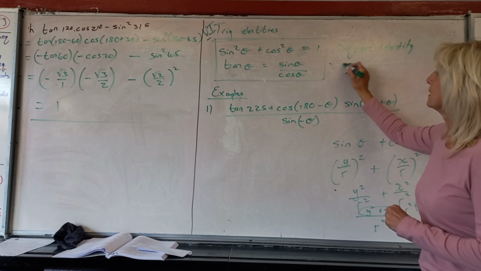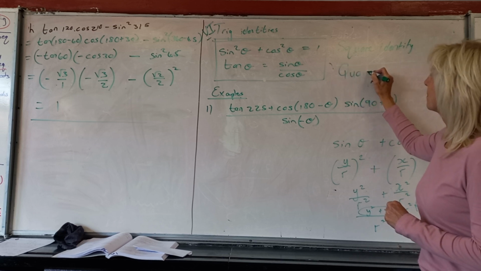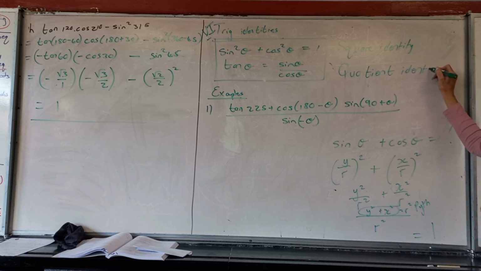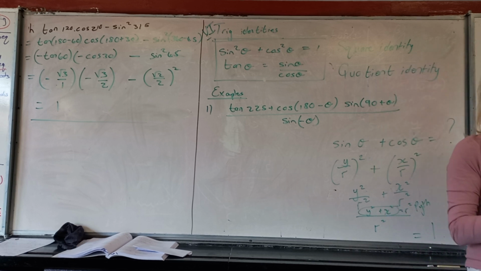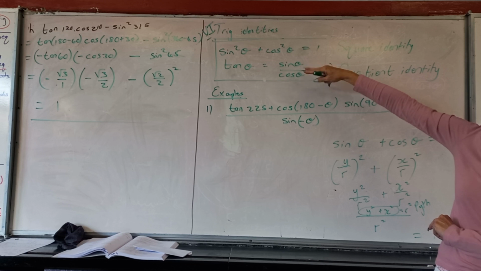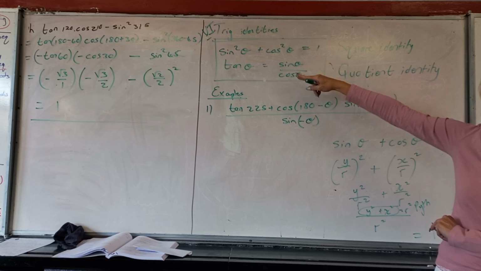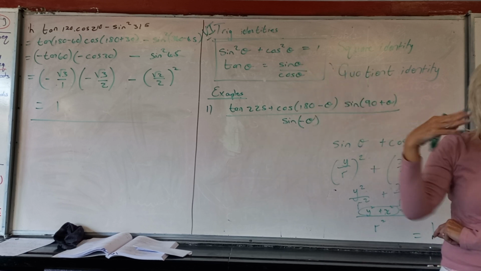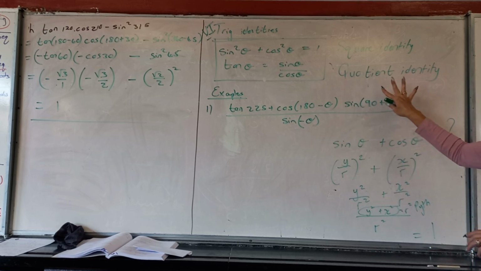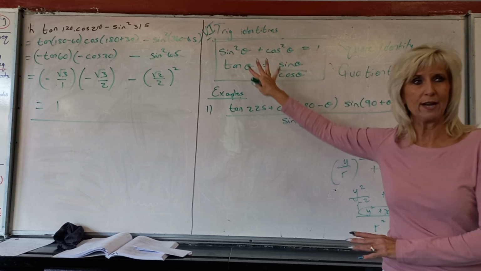And we call this the quotient identity. And still remember your math language from primary school. What is a quotient? Not a coefficient. The quotient is when you divide stuff. Your answer for a division is a quotient. Nobody's going to ask you that. Those are your two identities.